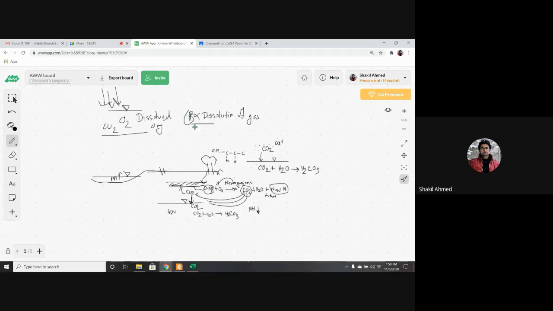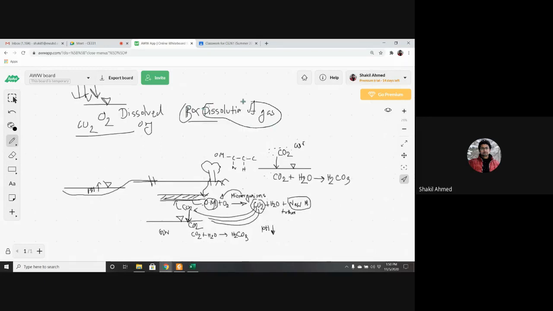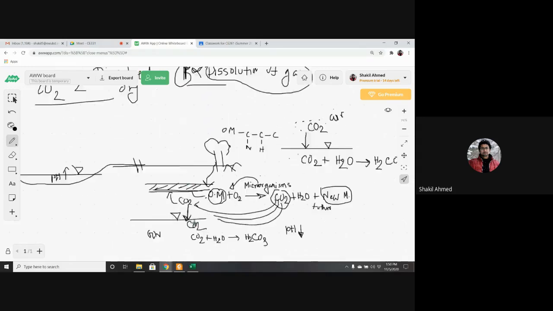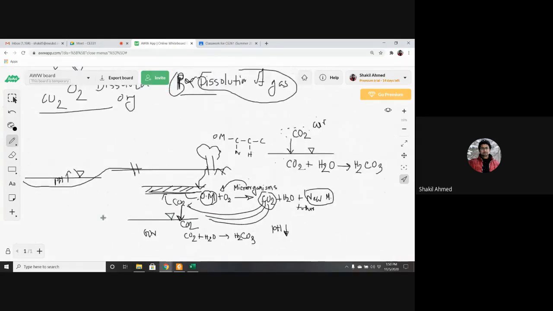So dissolution of gas is proportional to the applied pressure. In groundwater, they are under high pressure, so they are more dissolved than in surface water. So that's one source, another source of carbon dioxide into the water.